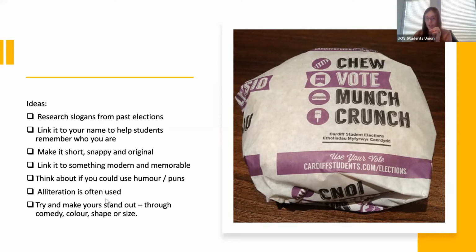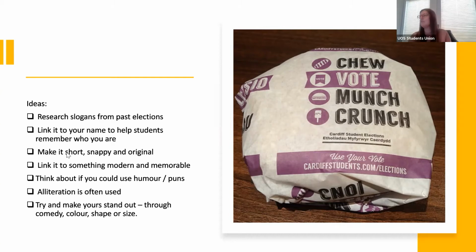I will give you a few suggestions for how to use alliteration, which is very commonly used in slogans and in brand names, if you want to have a name for your campaign, which people have done in the past. So really, we want you to have fun. So make this little effort. Try to think of ways that you can stand out, a bit of comedy, color, maybe make your promotional materials in a funny shape.